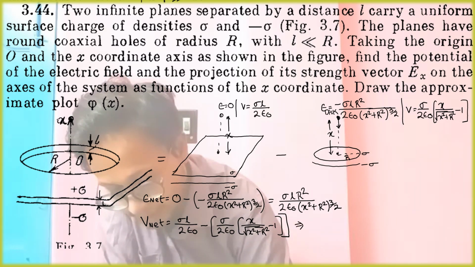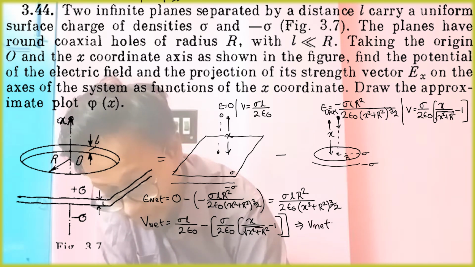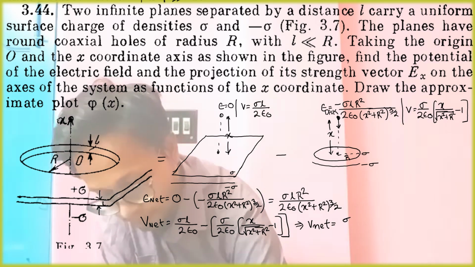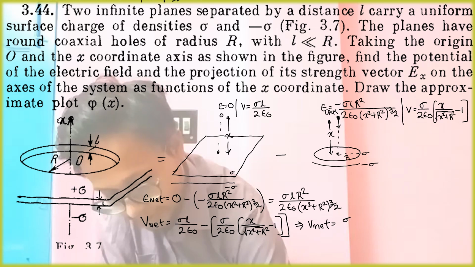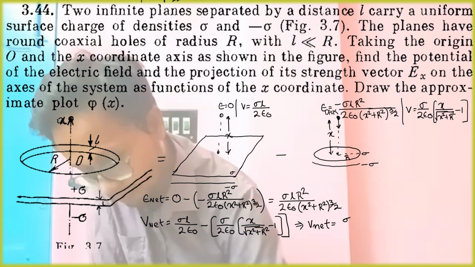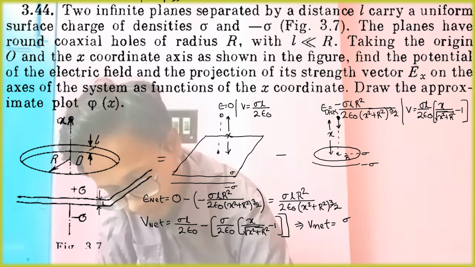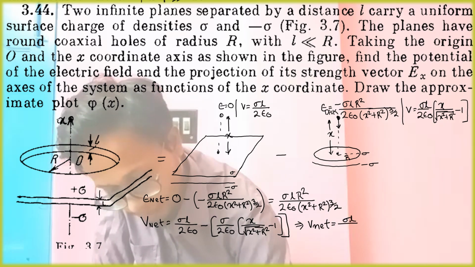So the net potential outside the plate is equal to sigma, out here also there would be sigma L, no? Yeah, I forgot to put an L out here. Okay, sigma L by 2 epsilon naught.